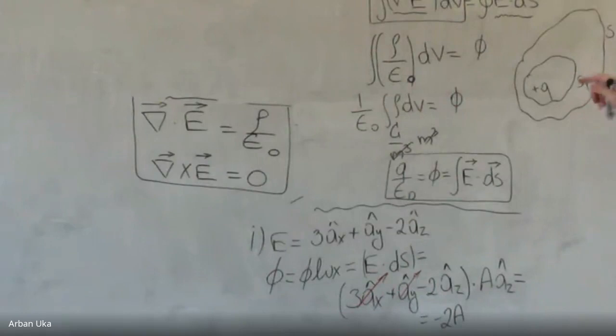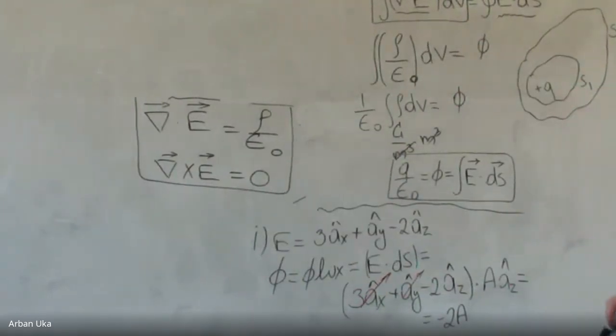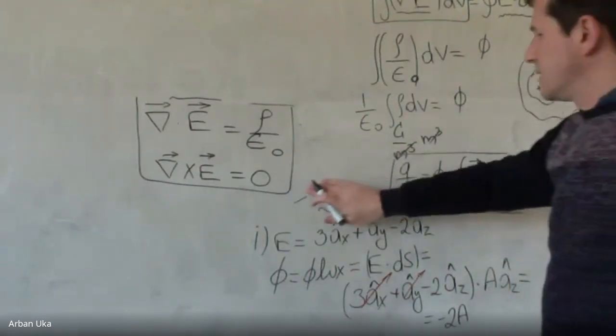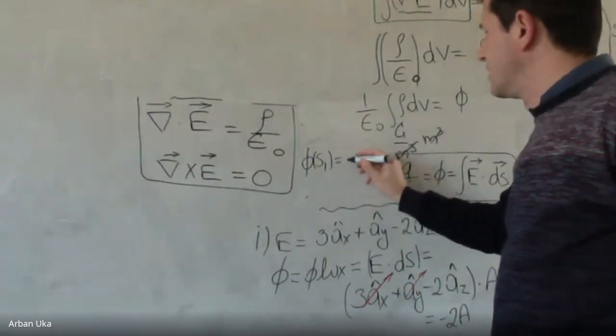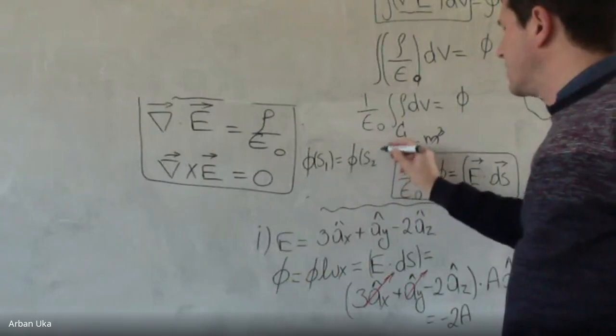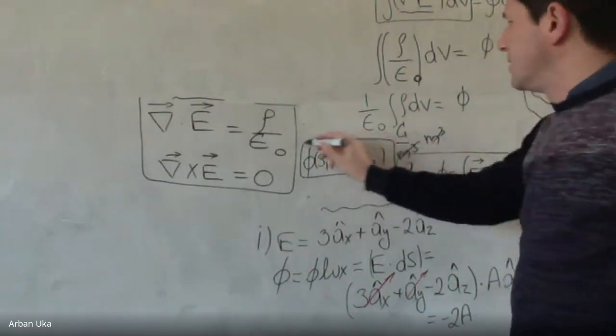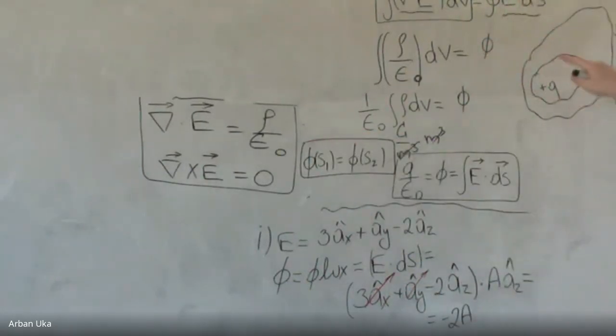So the flux over the surface S1 is equal to the flux over the surface S2. So the shape of the surface area does not have any effect on the flux.